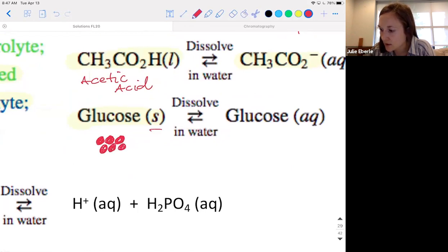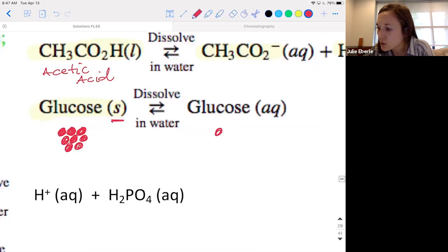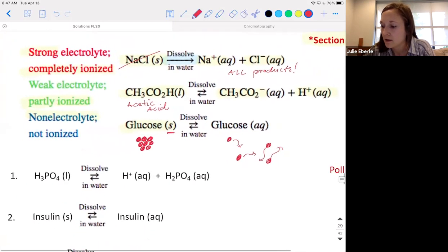That's why you see solid right here. And on the product side, it's just dissolved into individual glucose molecules. And now they're fluid and they can move around past one another. All right, so they're no longer bound together in a solid. Now they're just individual glucose molecules. That's kind of what that would look like. So no ions, right, on that one.